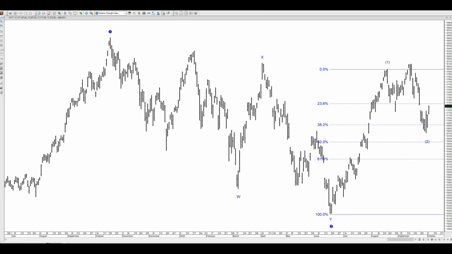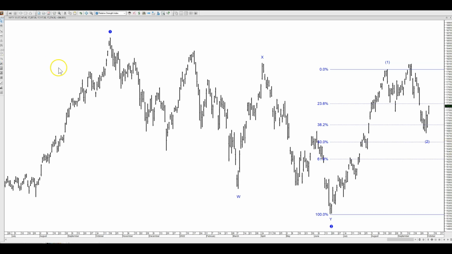Right? Now we also know that in a flat correction, there is one 3-wave decline for wave A, there is a 3-wave rise for wave B, and there is a 5-wave decline for wave C. The common Fibonacci relationship between wave A and wave C is 1.6.